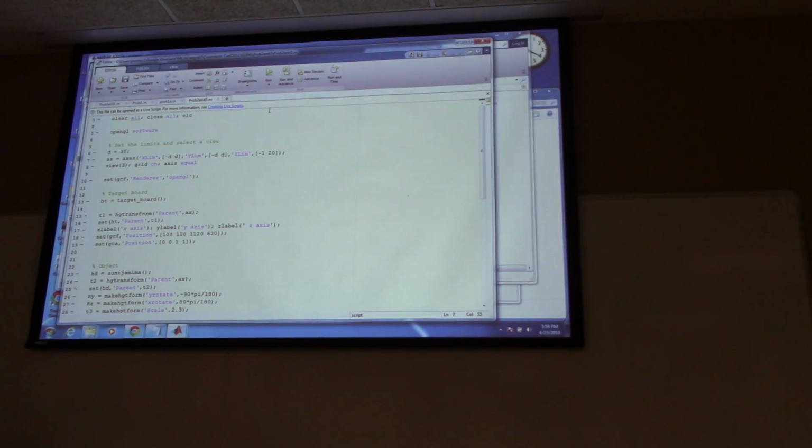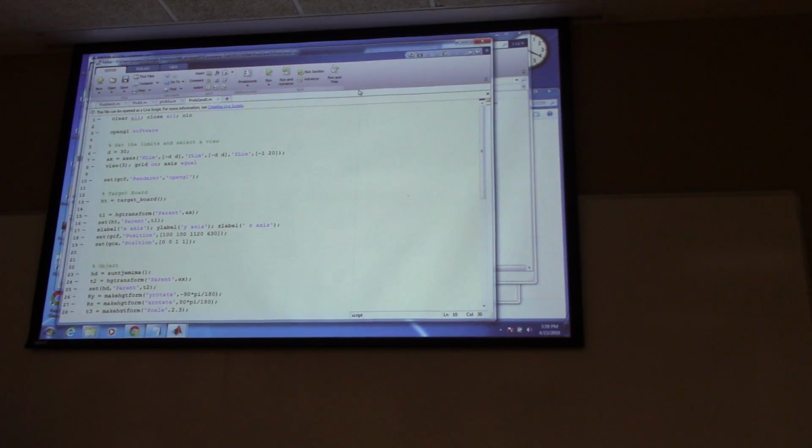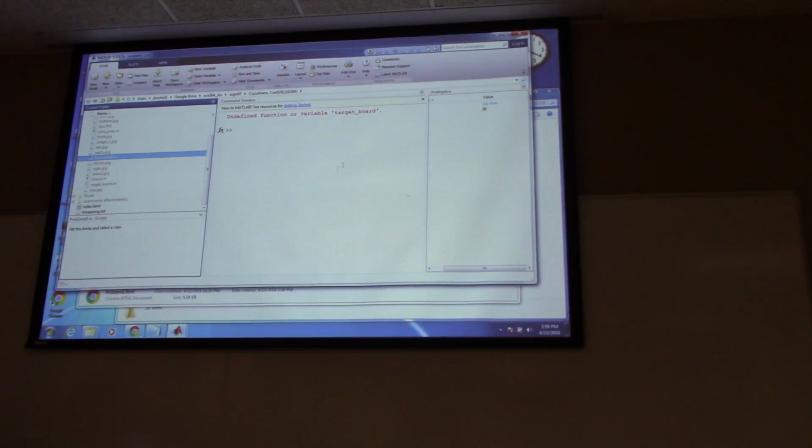If you go back to the other screen, the command window, and scroll up, you have to double click on the folder. All right, let's try that.